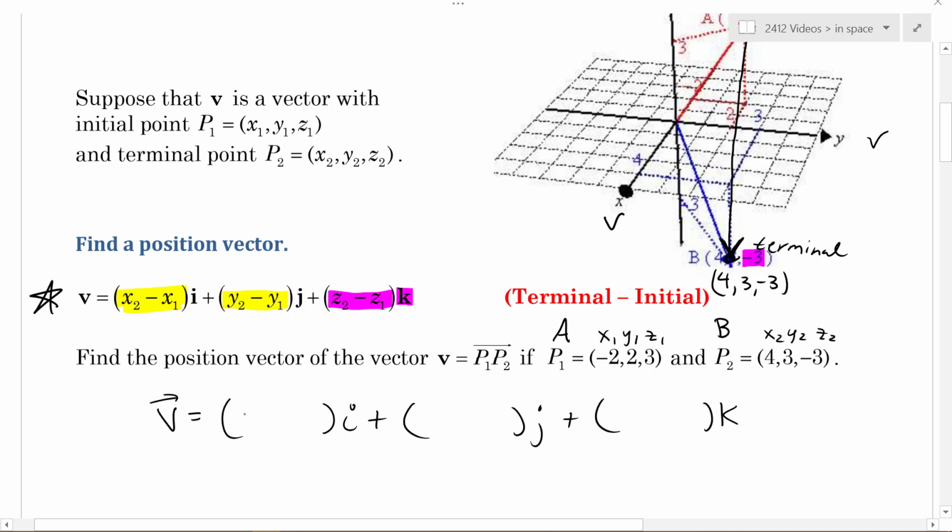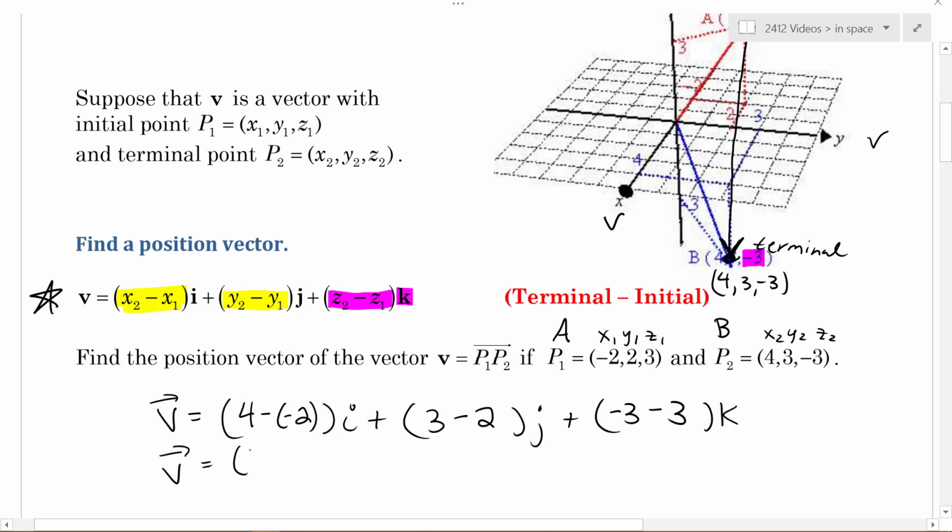Okay, so I'm going to do x2 minus x1. Now x1 has its own negative, so it's going to be minus a minus. Okay, I'm going to do y2, that's 3, minus y1, that's 2. Okay, and then lastly z2, which is a negative 3, and I'm going to subtract off z1, which is 3.